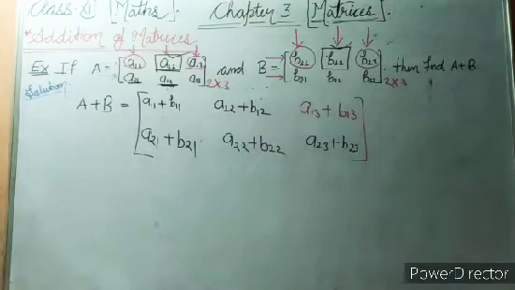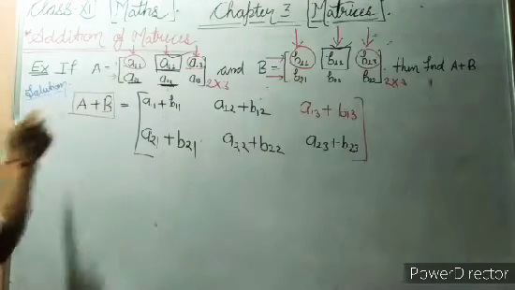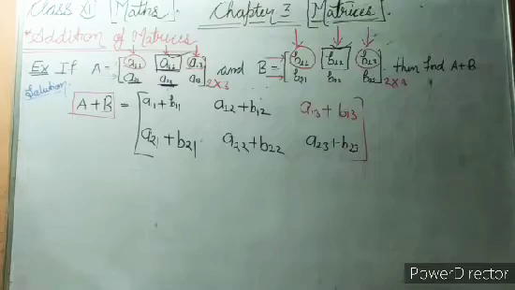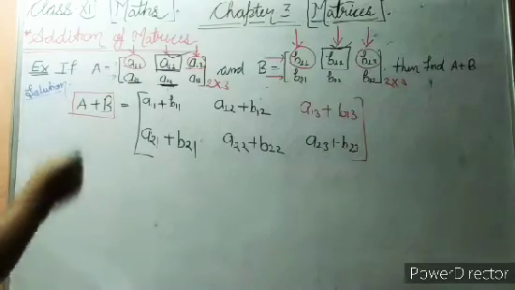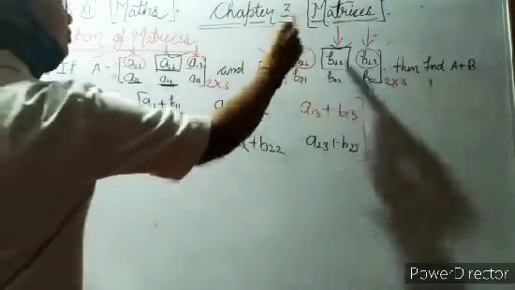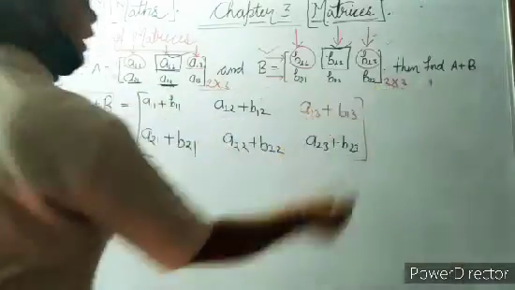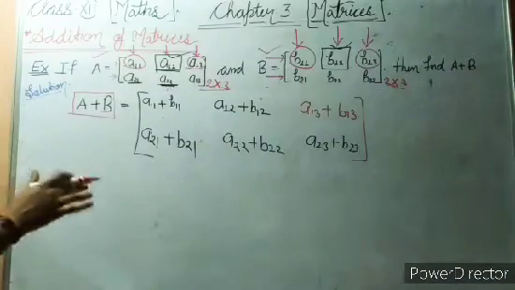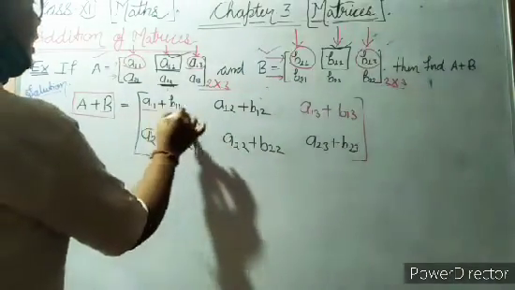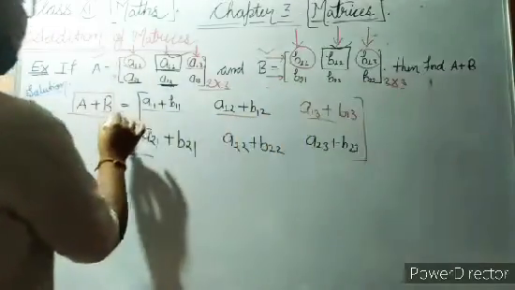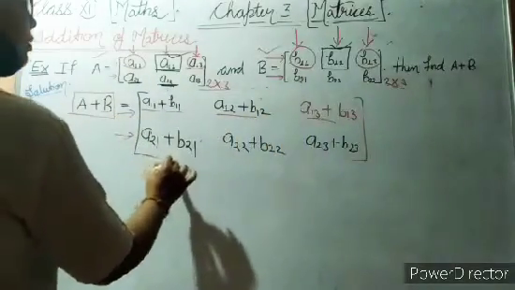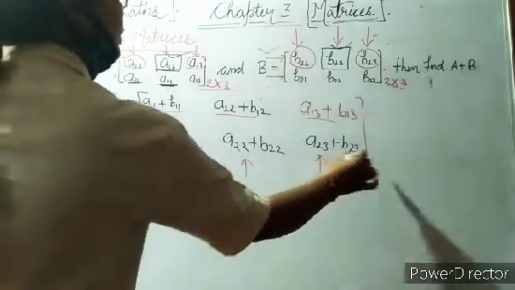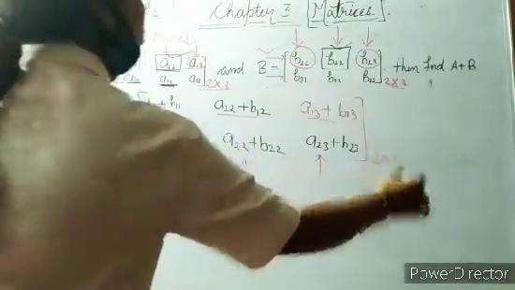Now matrix addition A plus B is permitted only for the same order. That means if we add two matrices of equal order, we will get a new matrix of the same order. You see, first row, second row, first column, second column and third column. So it is also 2 by 3.